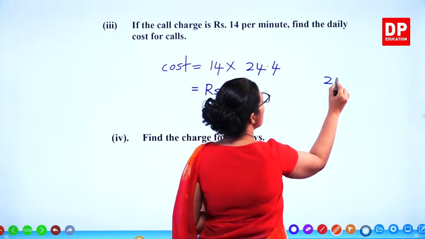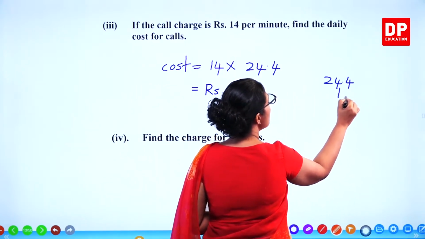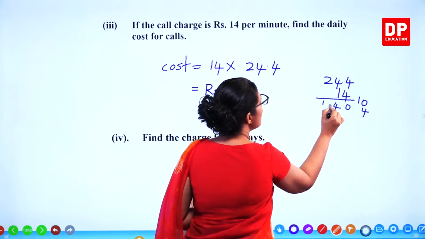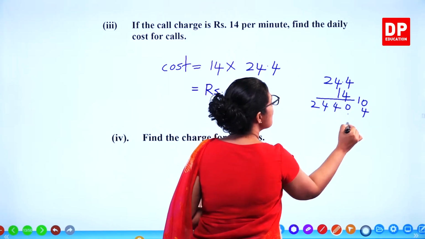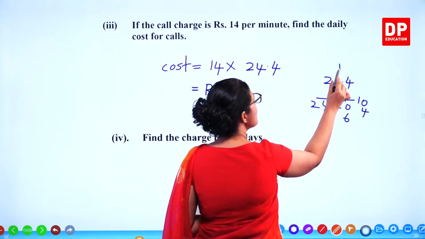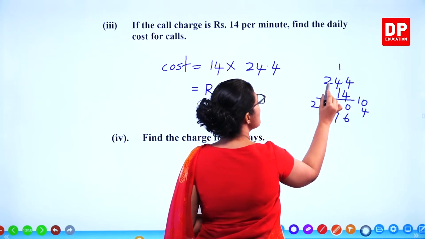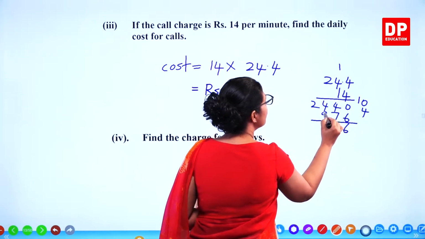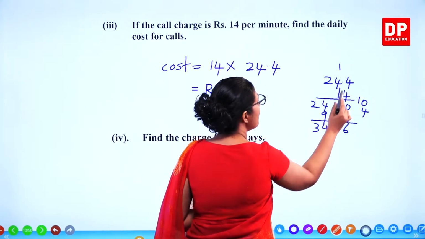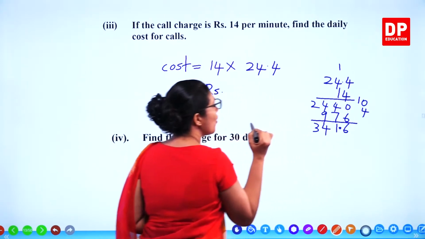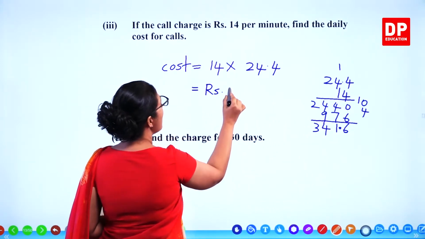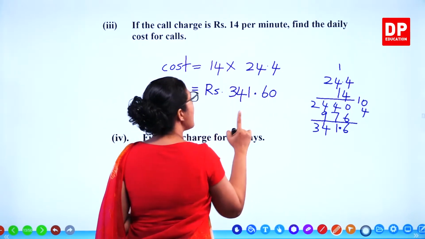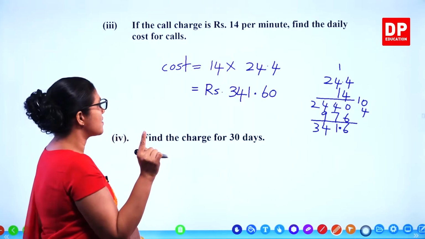So 24.4 multiplied by 14. 4 times 4, 16. 4 times 4, 16 plus 1, 17. 4 times 2, 8 plus 1, 9. And put 1 decimal point. So 341.6. So we'll write 60 cents.